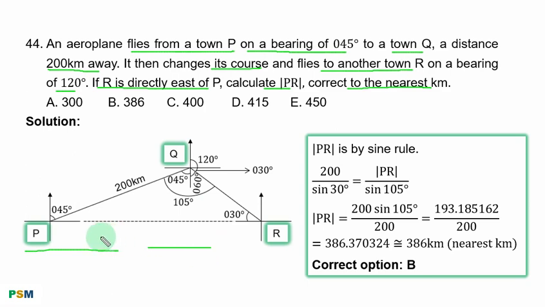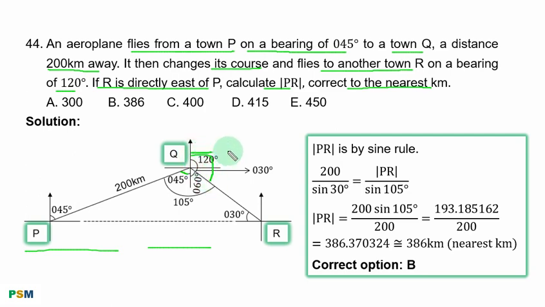In order to find the side PR, the angle facing it is needed. So this angle is equal to this angle. Alternate angles, 45 degrees. From here to this point is 120.